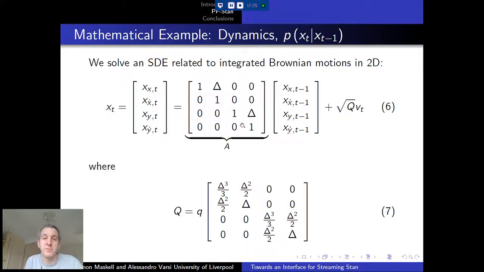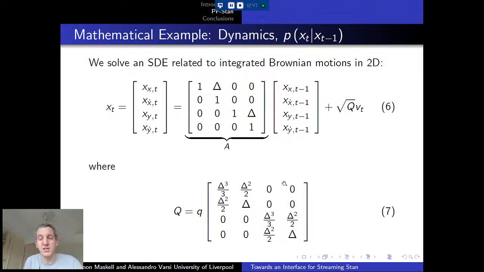Now, if you do the maths correctly and you integrate the Brownian motion on the velocity and think of it in terms of a stochastic differential equation, it tells you what the covariance matrix of the process noise, as we think of it, is, and that's shown in equation 7.